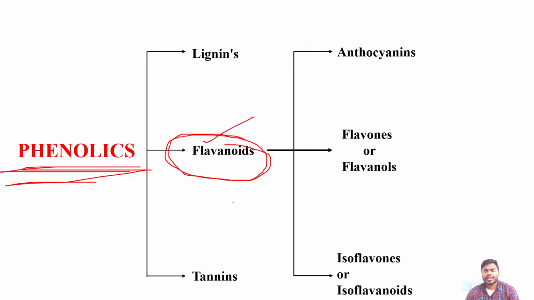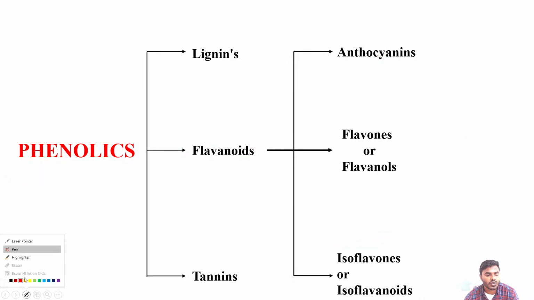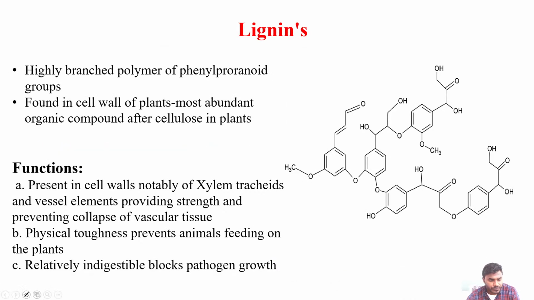This flavonoid is further divided into three major types. One we call anthocyanin, another we call flavones or flavonols, and the third we call isoflavones, or isoflavonoids. You have to remember it compulsorily, don't get confused.